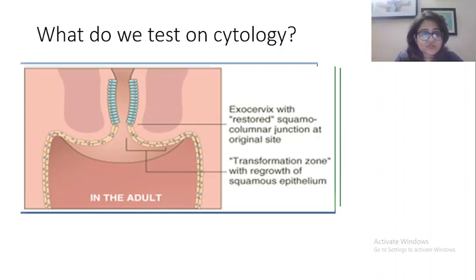This transformation zone is very prone to malignant change. It has undergone metaplasia, and this is where most cancers of the cervix will happen, and that's why we do a cytology from this area. And when we do a colposcopy, we see this area, the transformation zone.